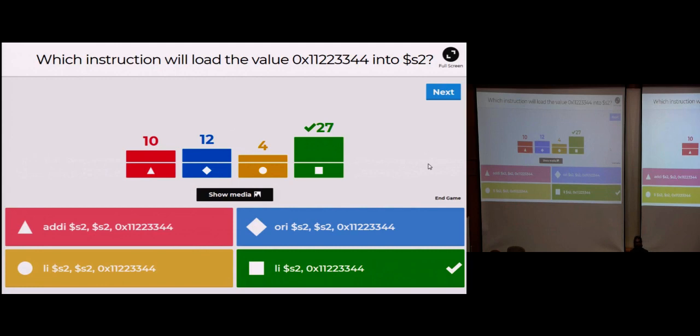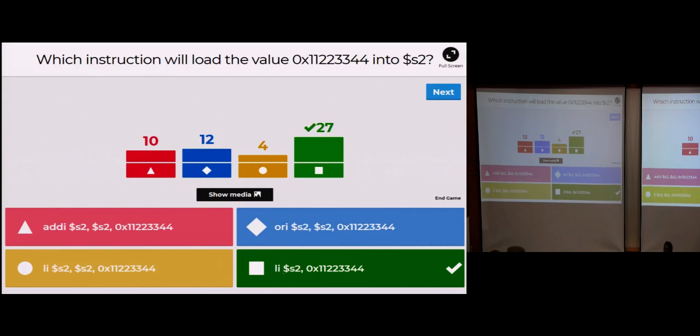Actually, this is the easiest question. You know why? Because when I look straight away at these three, it's impossible, correct? You cannot specify a 32-bit immediate value. So you should immediately know that the first three instructions are not valid. Even if you don't know what this is, you can guess and get it correct, because you know the immediate value cannot be 32-bit. So the first three are invalid.